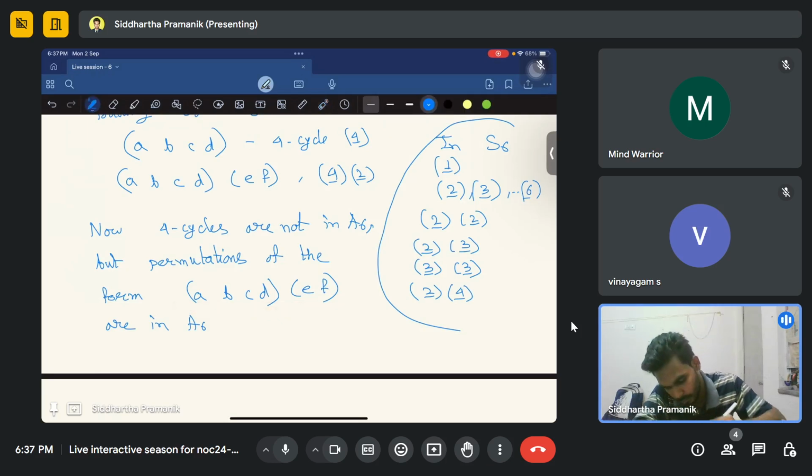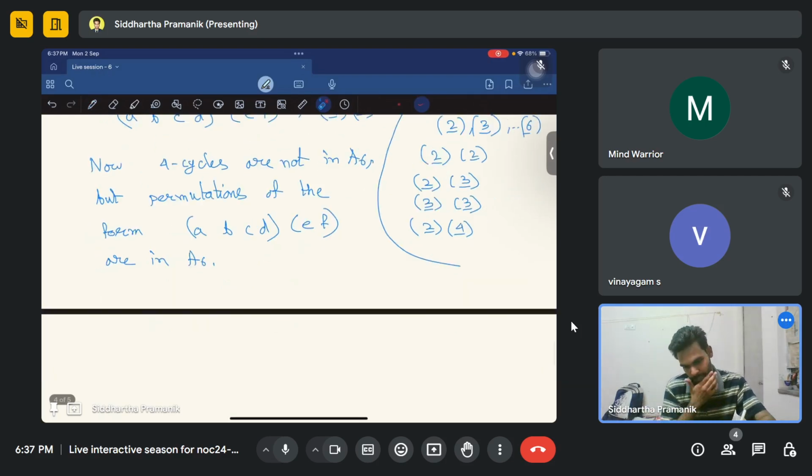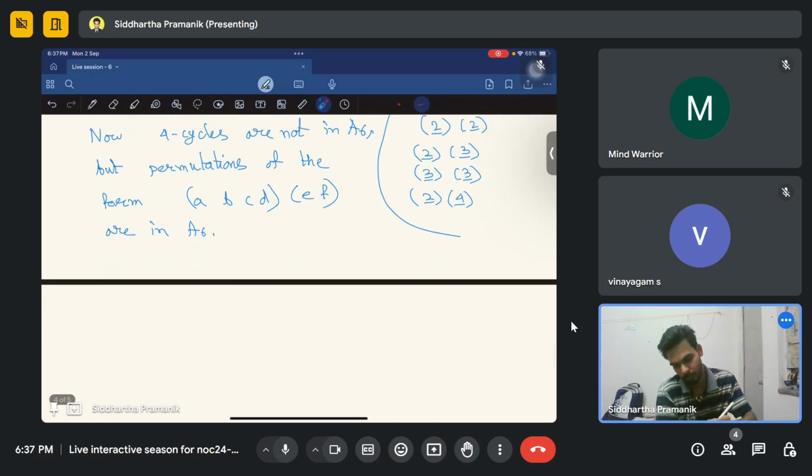So we need to count the total number of elements of this form in A6. Now how to count that? We are in A6, right? This is a subset of S6, and here these are all permutations from 1 up to 6 to itself. So we have at most 6 indexes.